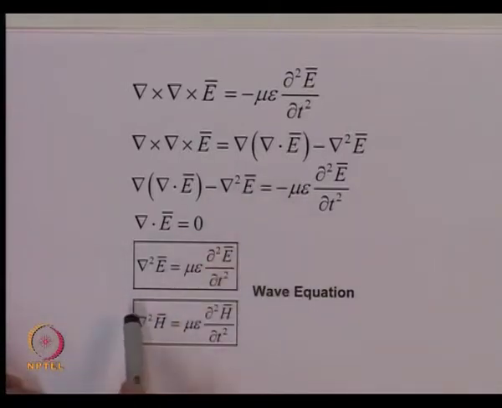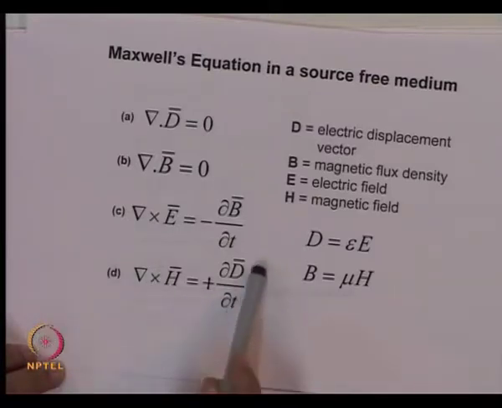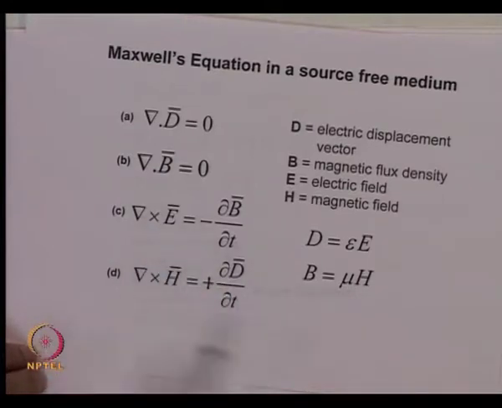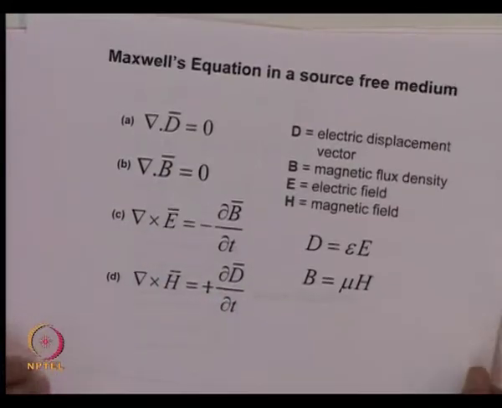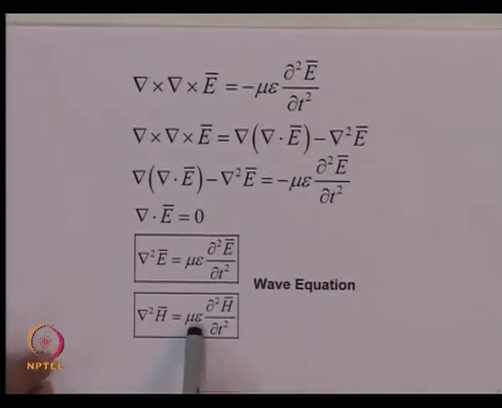So by saying this, we get an equation for the electric field, which will be del square E equal to mu epsilon d square E upon dt square. If I had done a similar exercise by taking the curl of this equation and then substituting for del cross E from this equation into this, we would get an identical equation for the magnetic field also, which will be del square H is equal to mu epsilon d square H upon dt square.